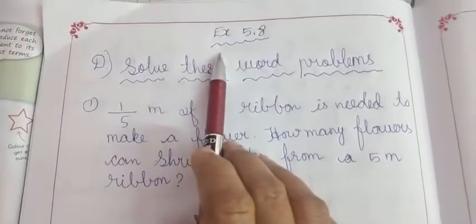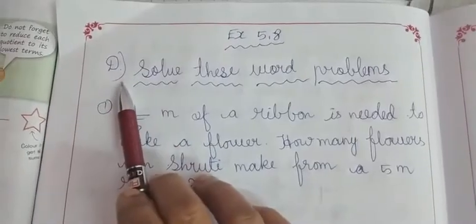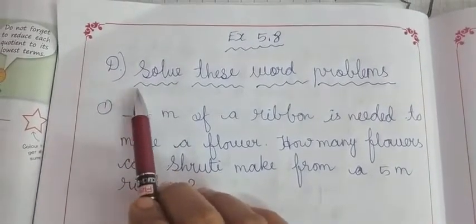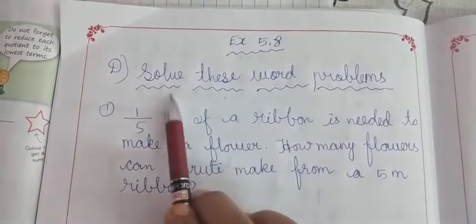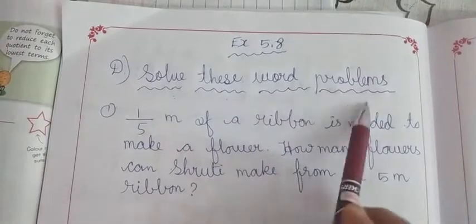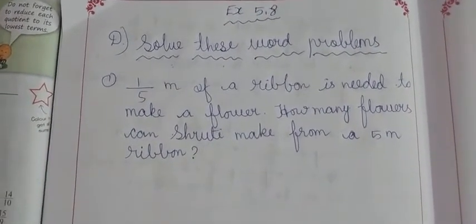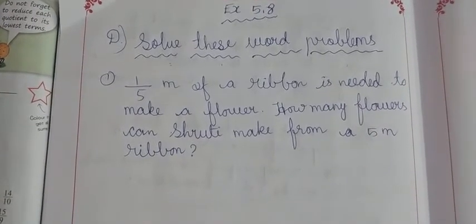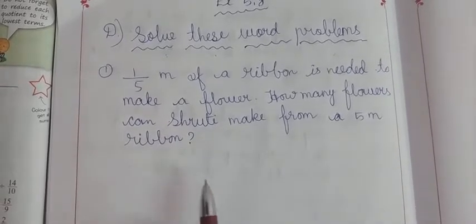Now here students, we have come to exercise 5.8 section D. Section D, it is solve this word problem. We are going to solve the given word problems. In each exercise we have word problems. Word problems means what? That is the sum is given in word form, we have to do it.